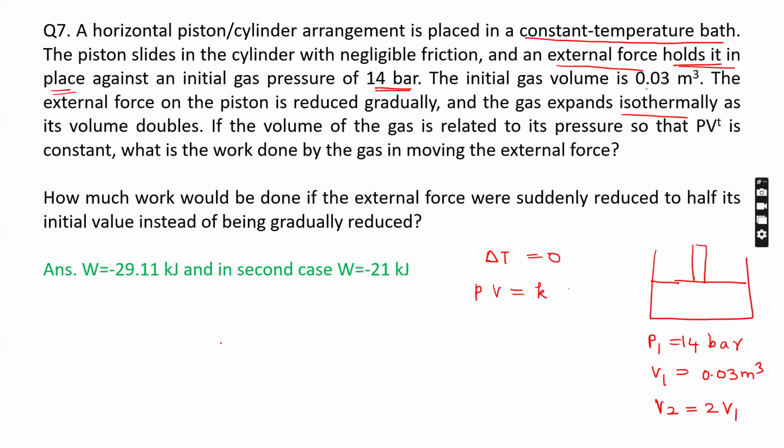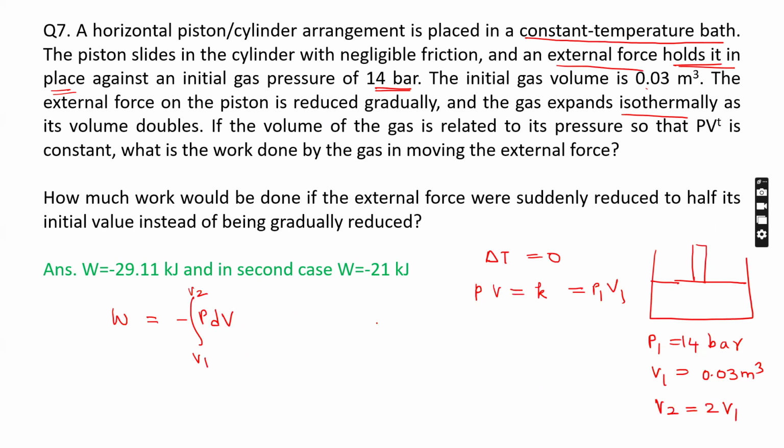Now we say work dW is equal to minus P dV. On integration, it turns out to be the integral from V1 to V2. And we don't know the pressure at each increment.